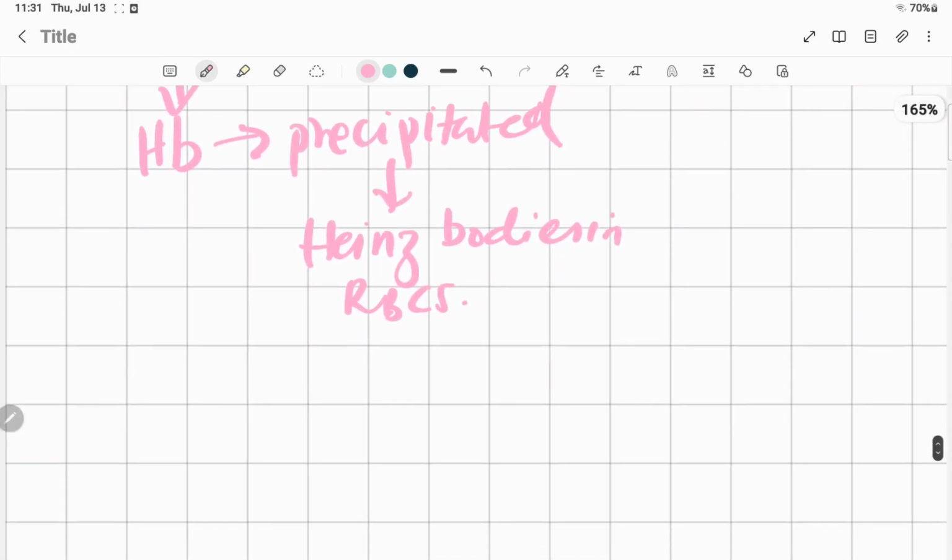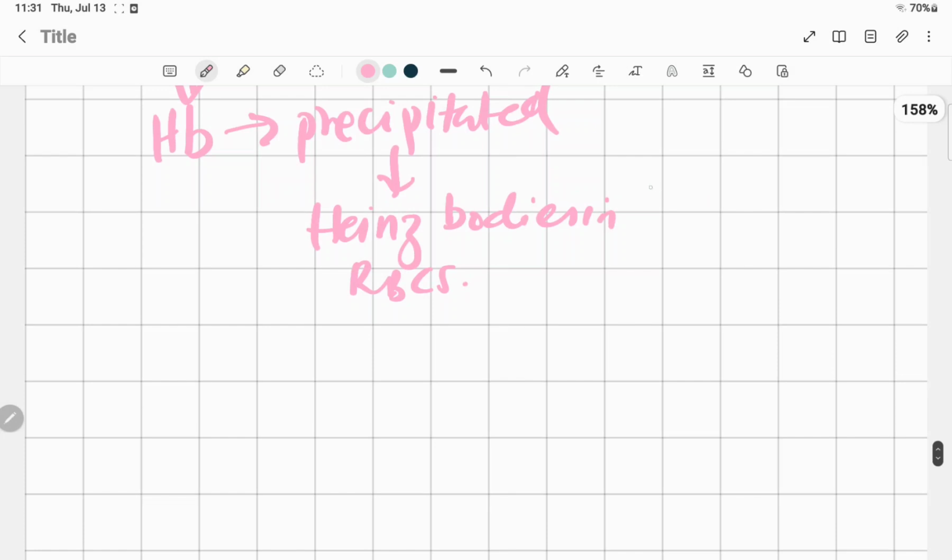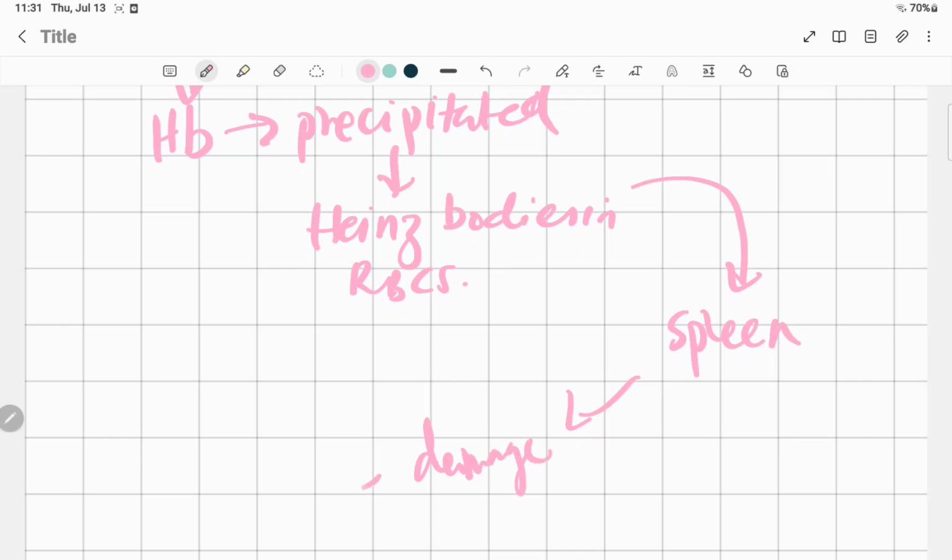So that's the problem that damages the RBC. When they go into the spleen, they will be damaged and form bite cells. So you need to know this kind of flow of information, how things happen.